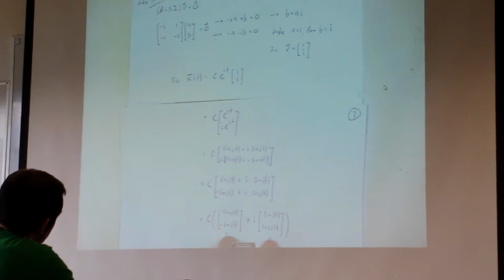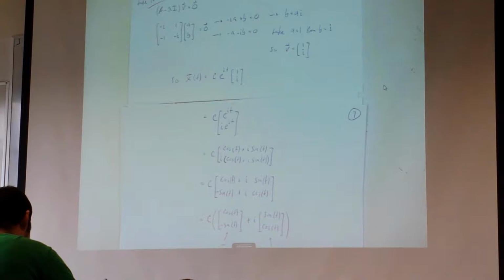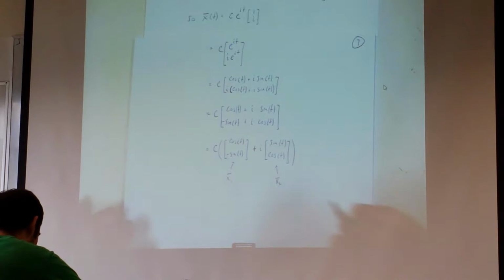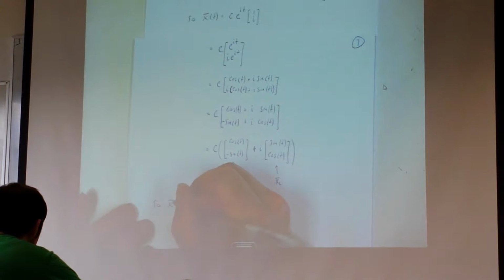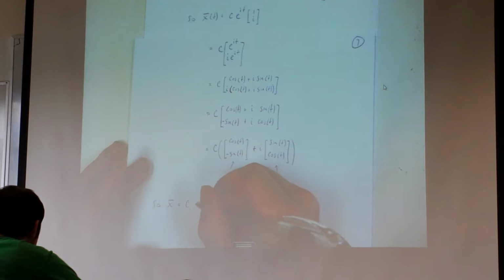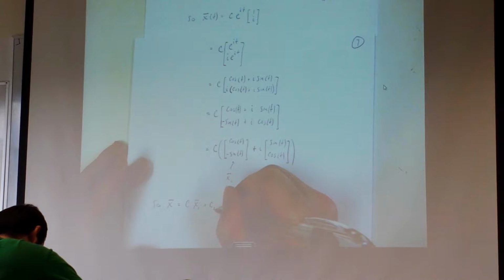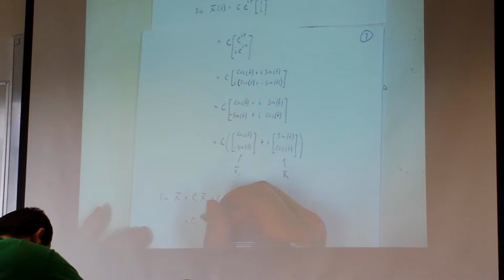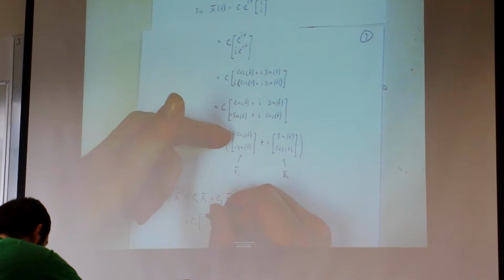So I could take those as my x1, x2. Finally, my general solution x would be c1 times x1 plus c2 times x2. So c1, and let's just write them in. There's a lot of cosines and sines.